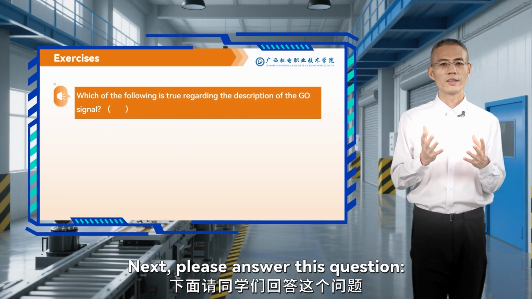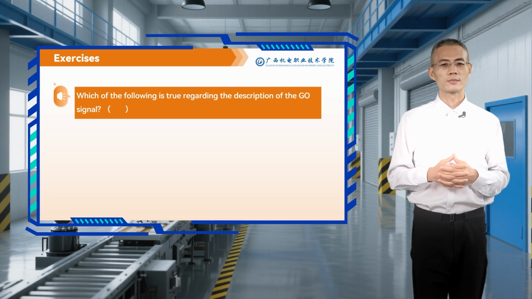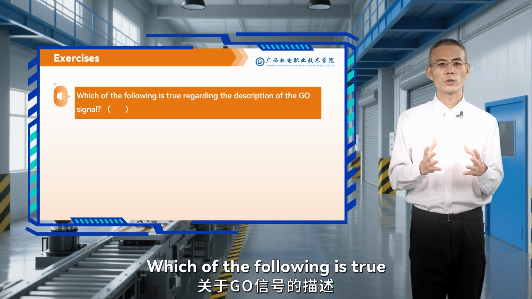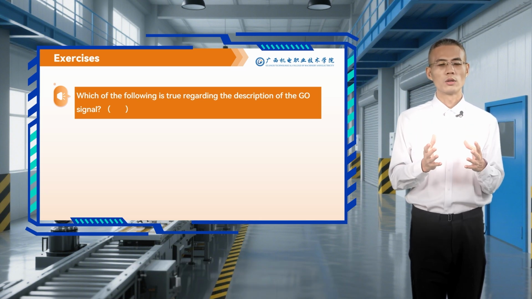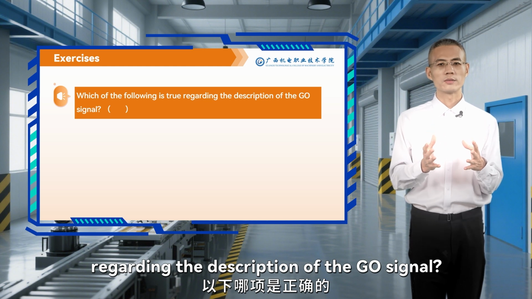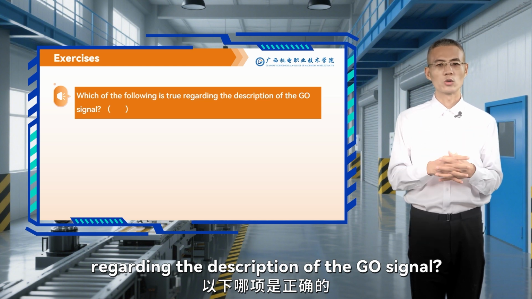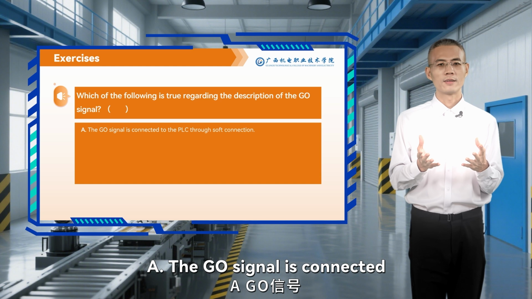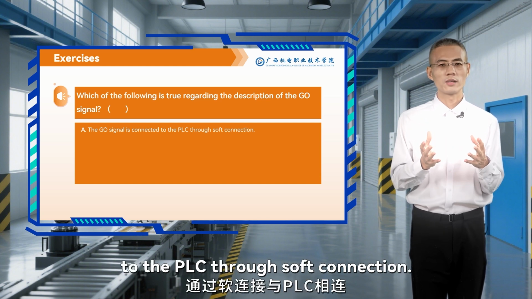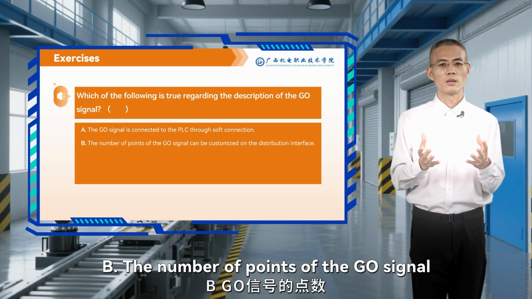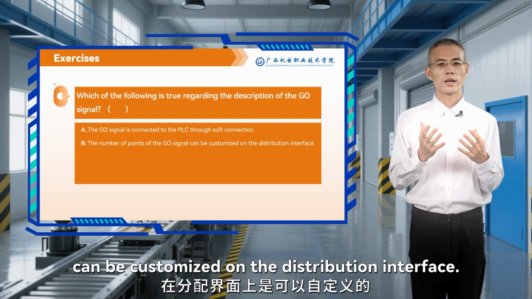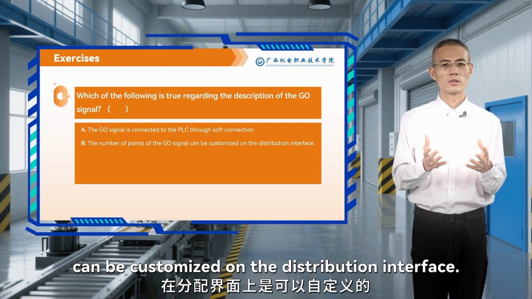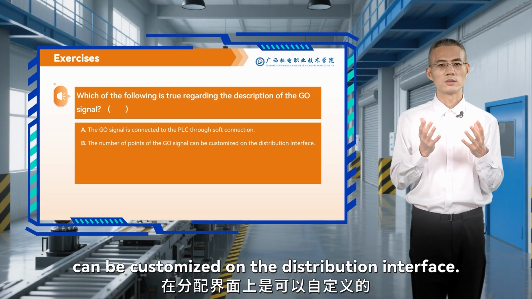Next, please answer this question. Which of the following is true regarding the description of the GO signal? A. The GO signal is connected to the PLC through soft connection. B. The number of points of the GO signal can be customized on the distribution interface.